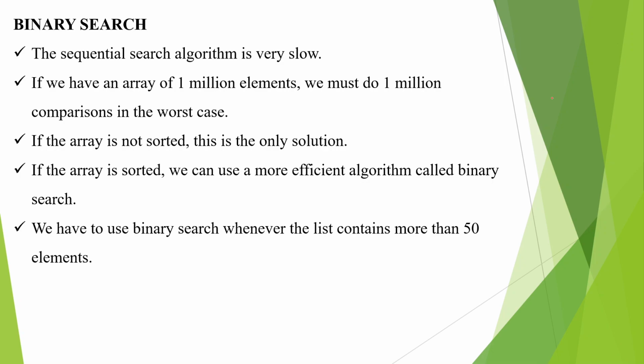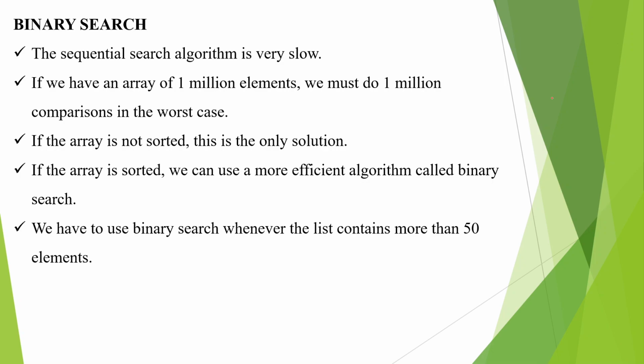Even though the target is not available in the list, before we confirm that, we are making 1 million comparisons, and obviously it is not the right thing to follow. So in the worst case scenario, we are unwantedly making 1 million comparisons just to confirm that the item is not available in the list.